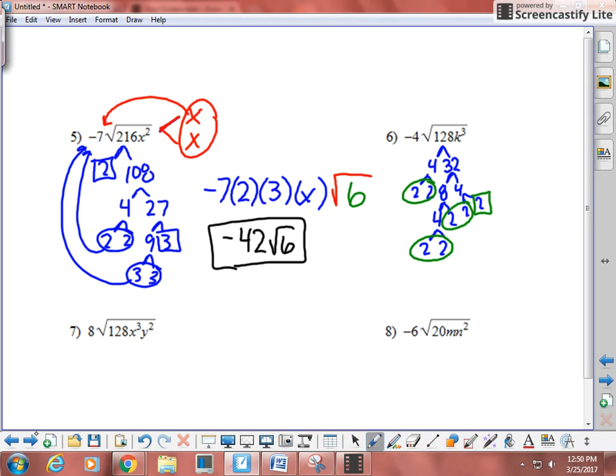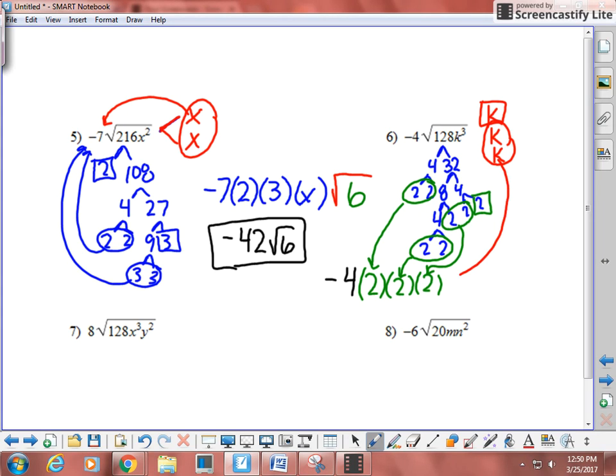Okay, so outside is the original -4. Then I'm going to multiply it by this pair of 2s, this pair of 2s, this pair of 2s. And then let's check out our letters. K to the third means K times K times K. So here's a couple and a single. So the couple is going to go outside.